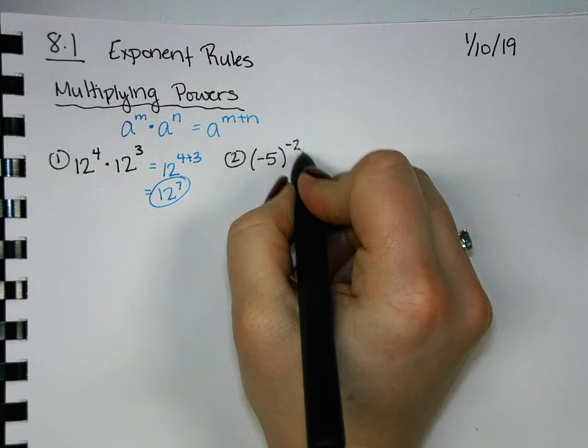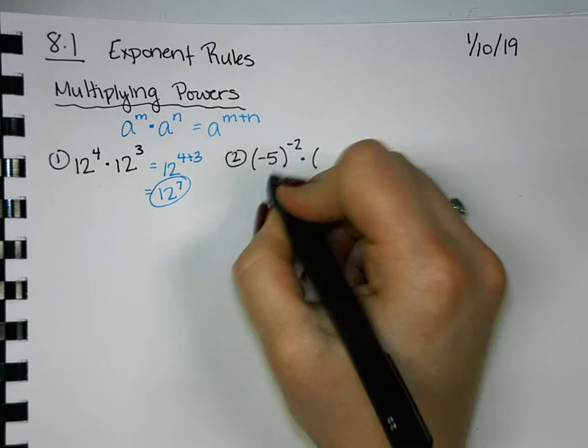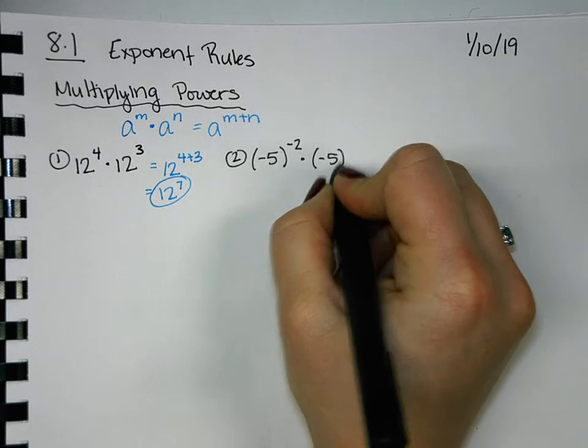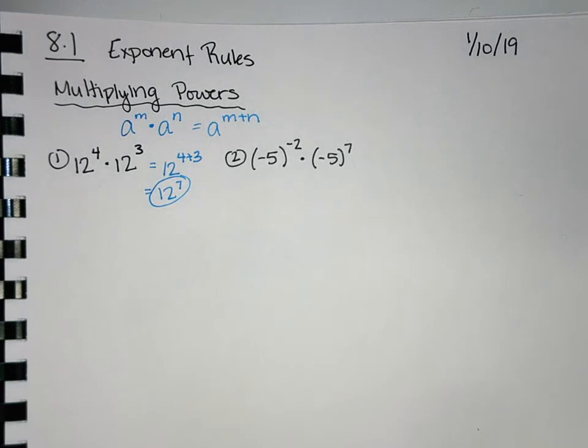Our next one, negative 5 to the negative 2 power times negative 5 to the 7th power. So is the base the same? Yes, it's both negative 5.